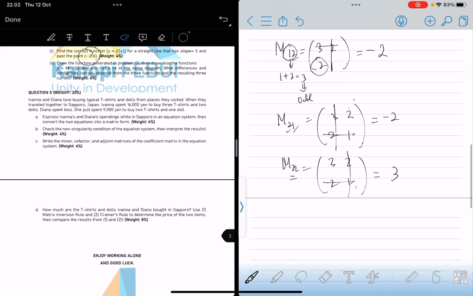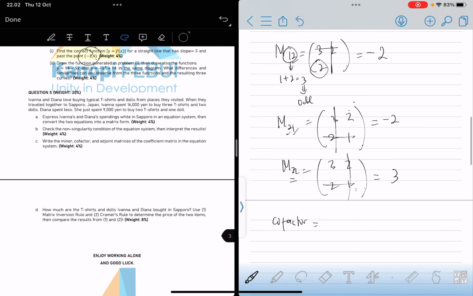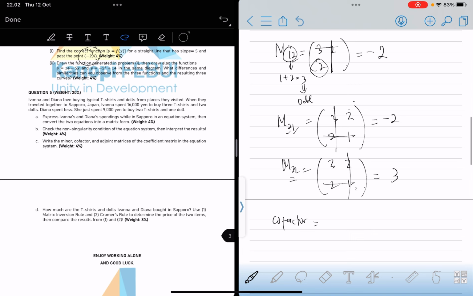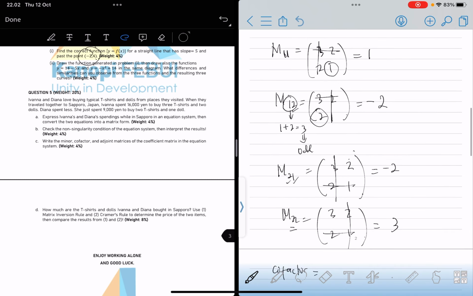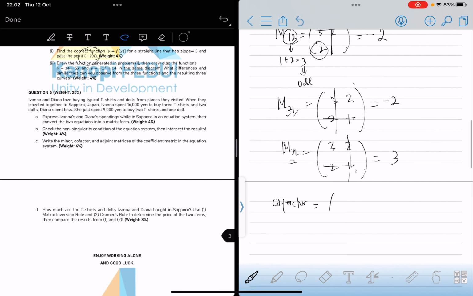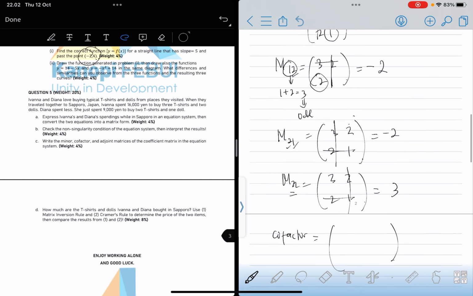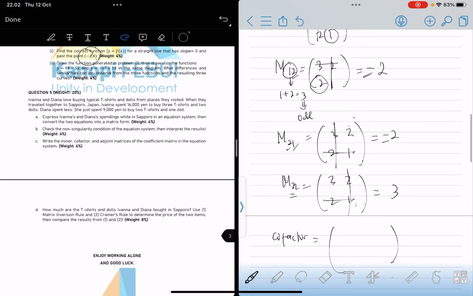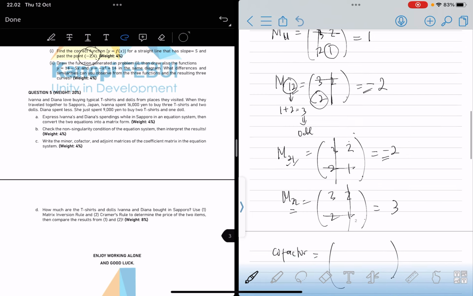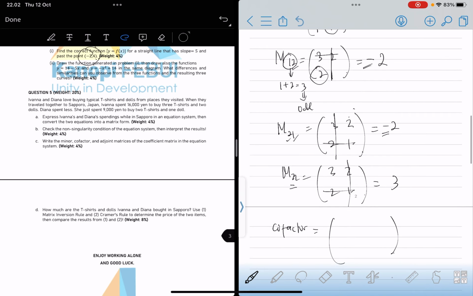And then how about the cofactor? Cofactor is the combination of minors, but we don't have to put minus in cofactor. So the cofactor is 1, 2, 2, 3.